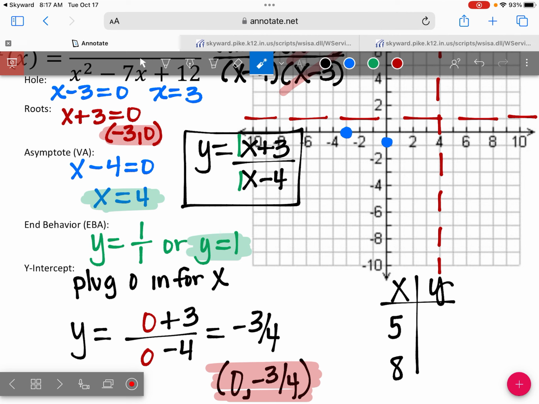You can plug in any numbers. But I would definitely plug in numbers on the right. My first period class, we plugged in 3, 5, and 8. So at this point, you really can't go wrong. You can plug in any number you want until you have enough points that you're satisfied that you know what the graph looks like.